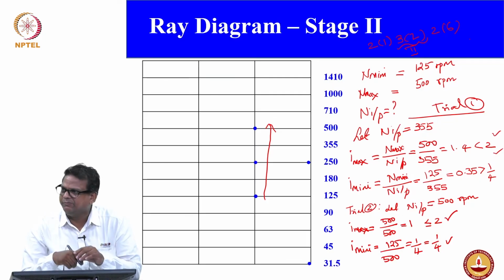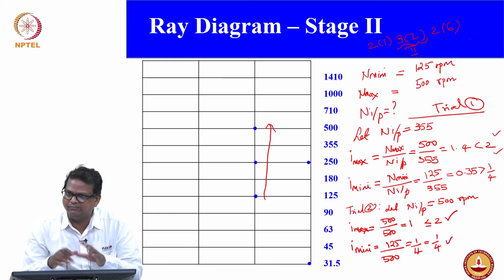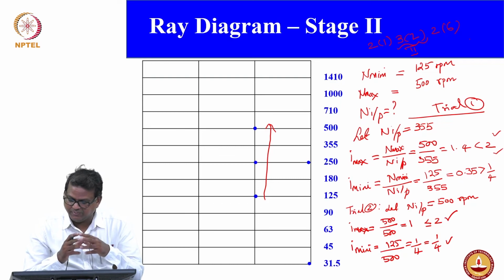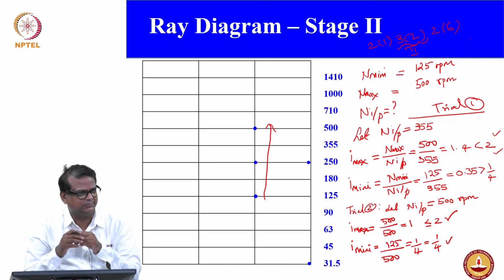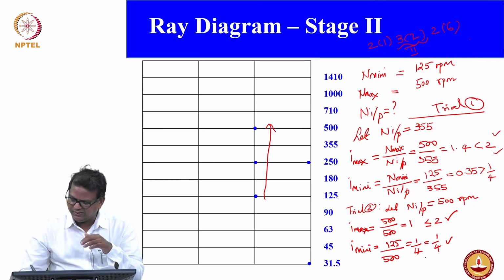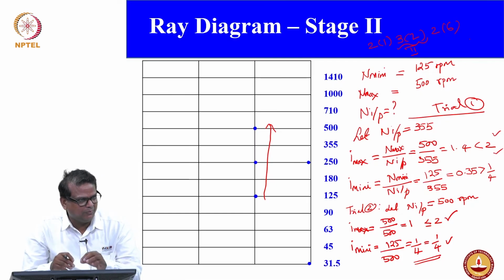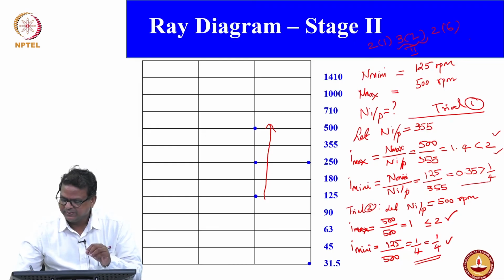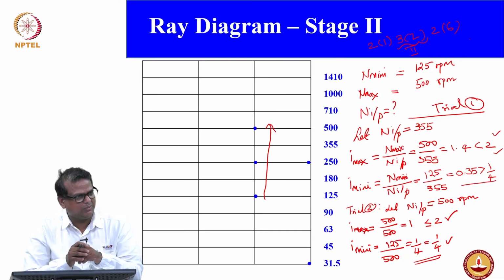In trial 2, for the given speed 500 rpm, the I max gear ratio is 1, which is perfectly alright, less than 2, but I mini is exactly 1/4. If you look closely, this is almost at the extreme end. We said greater than 1/4, but it is exactly 1/4, and we have an option which is slightly more than 1/4.